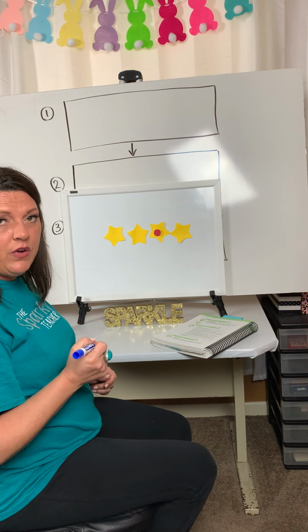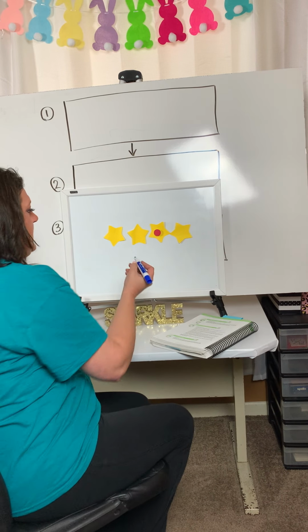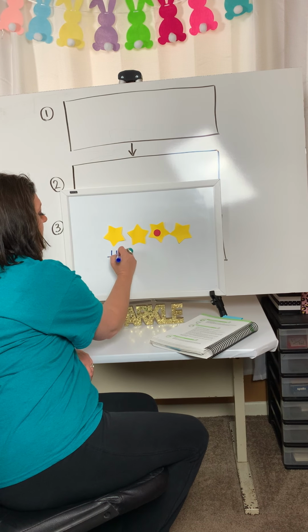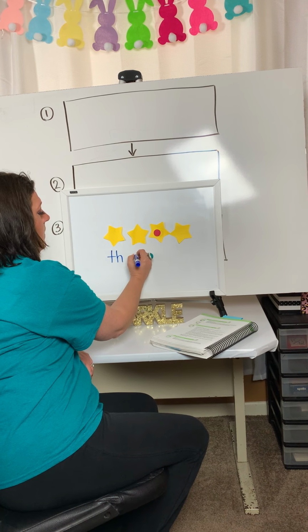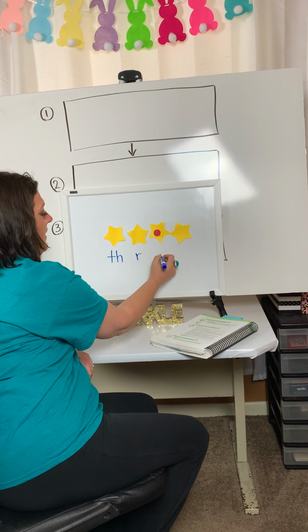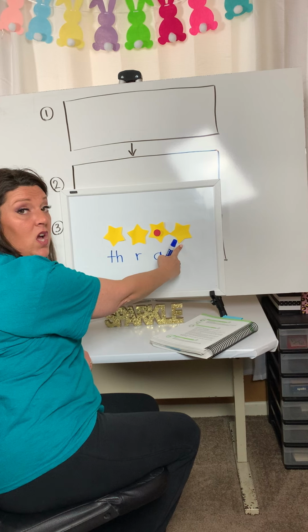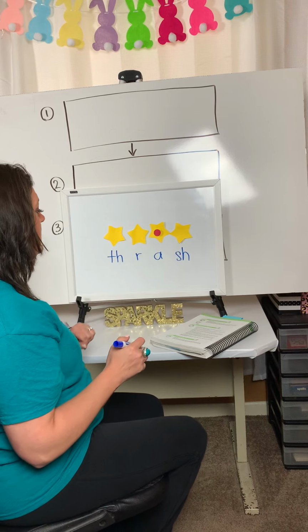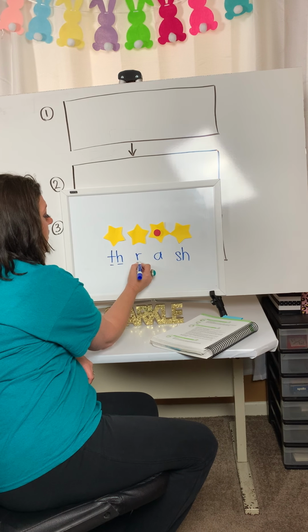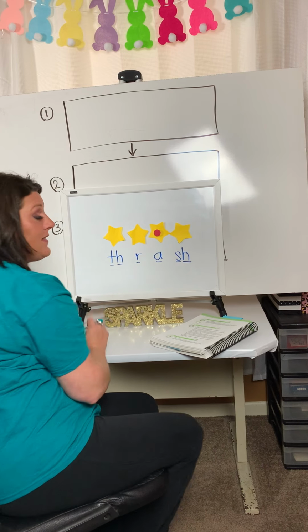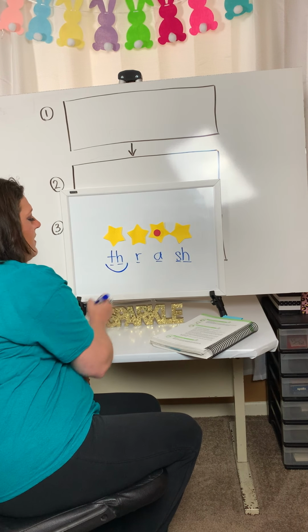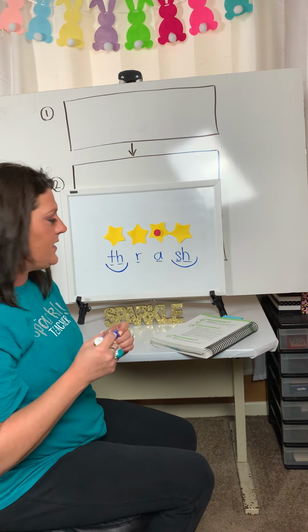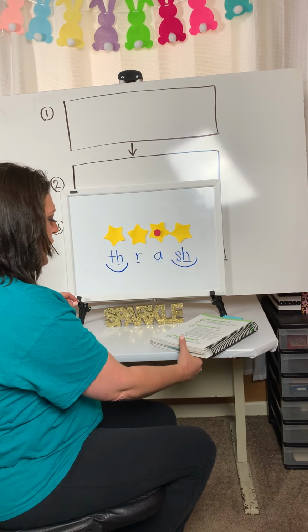How many letters do you think are in thrash? Let's see. So T-H. What's this sound? So we need an R. And an A, and this was sh. So that is S-H. So we have 4 sounds, but 1, 2, 3, 4, 5, 6 letters, because this is a consonant team and this is a consonant team, right? So 4 sounds in that one, but we had 6 letters.